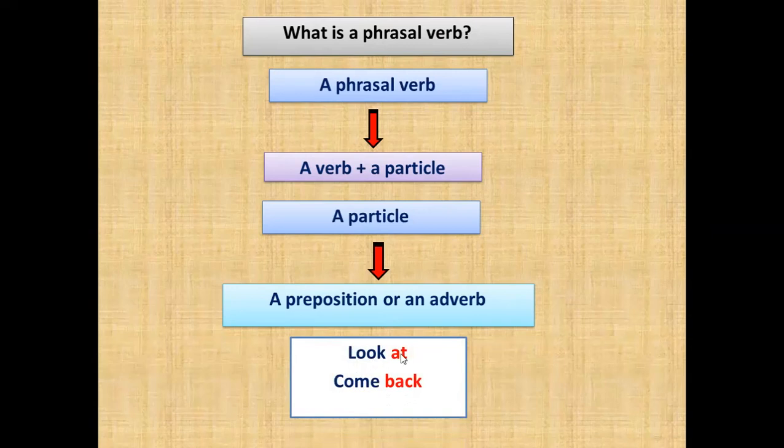Look at is a phrasal verb. Come back is a phrasal verb too. Look at, okay, look is a verb, at is a preposition. Come is a verb, and back is an adverb. At and back are particles. So particles may be a preposition or an adverb.